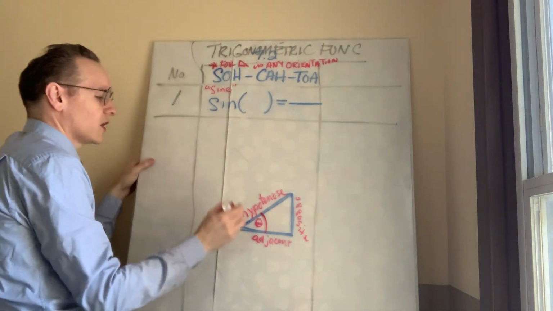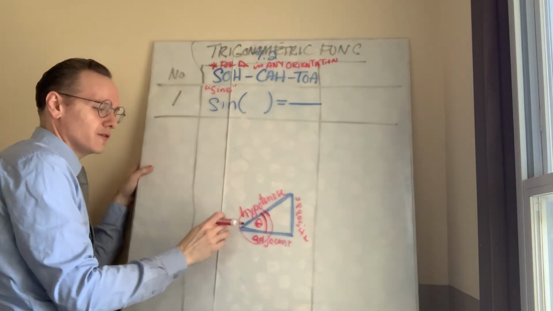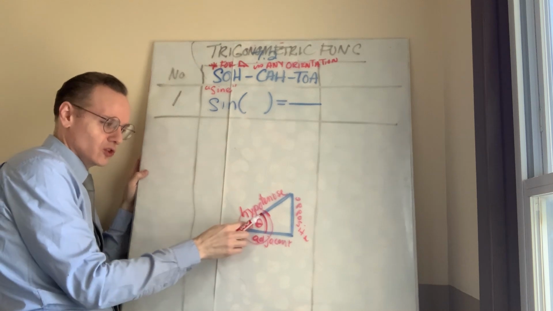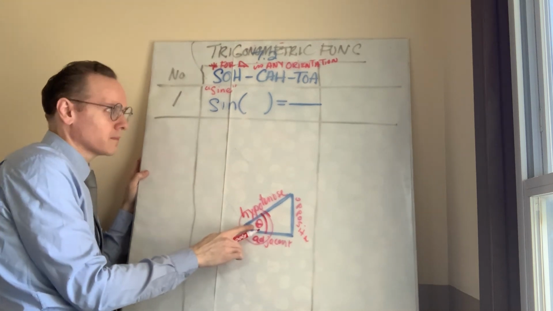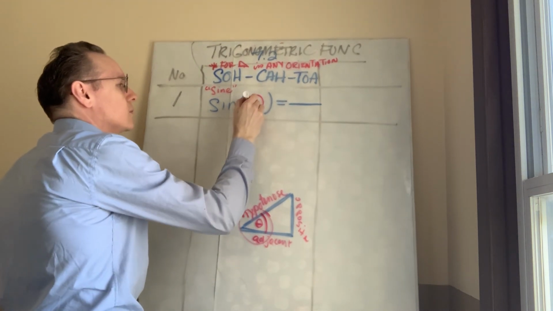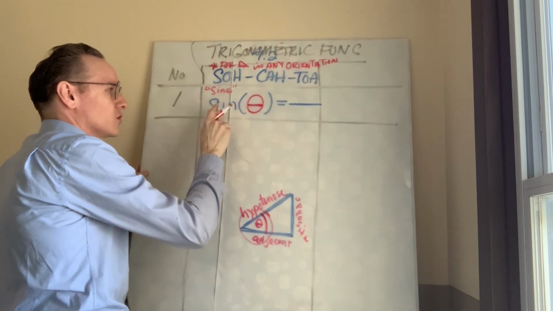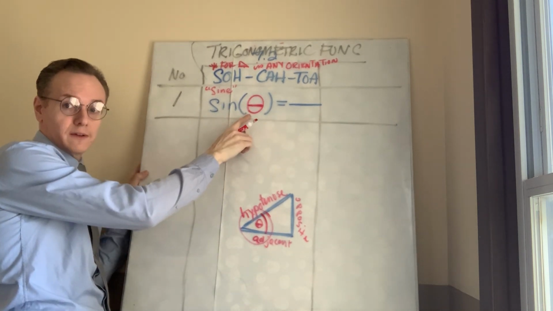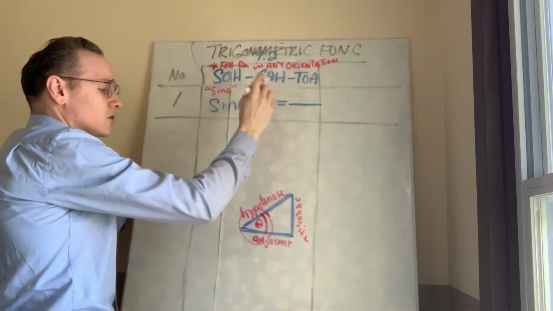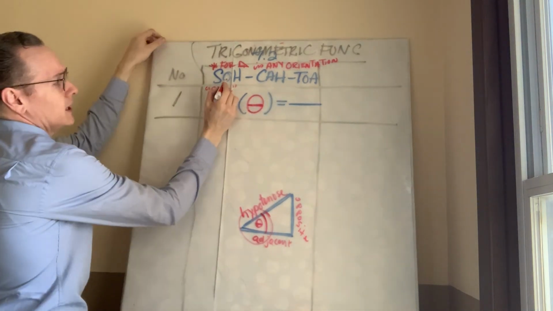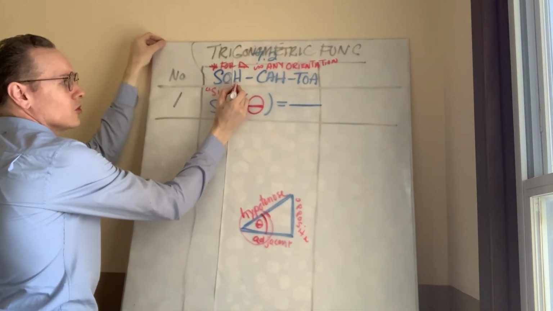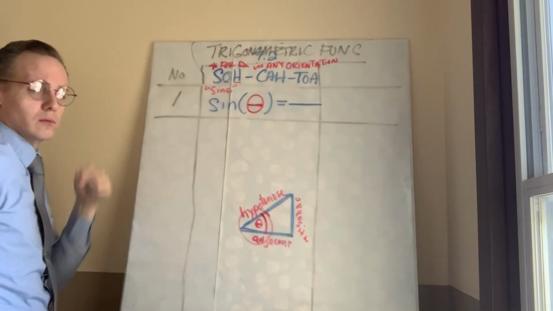The sine of the angle, that is the function of sine using whatever angle is in this corner, would be written like this inside the function, sine of Easter egg, if you will, sine of theta, is equal to this specific ratio. The opposite, that's what the O is in Sohcahtoa, over the hypotenuse.